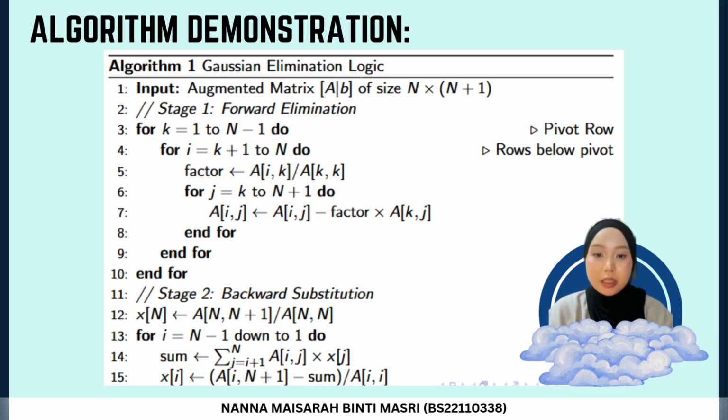Phase 2 is backward substitution. Once we have the triangular form, we solve for the unknowns in reverse order. We calculate the last variable y3 directly. Then, we loop backwards, substituting the known values into the previous equations to solve for the remaining variables, which are y2 and y1.